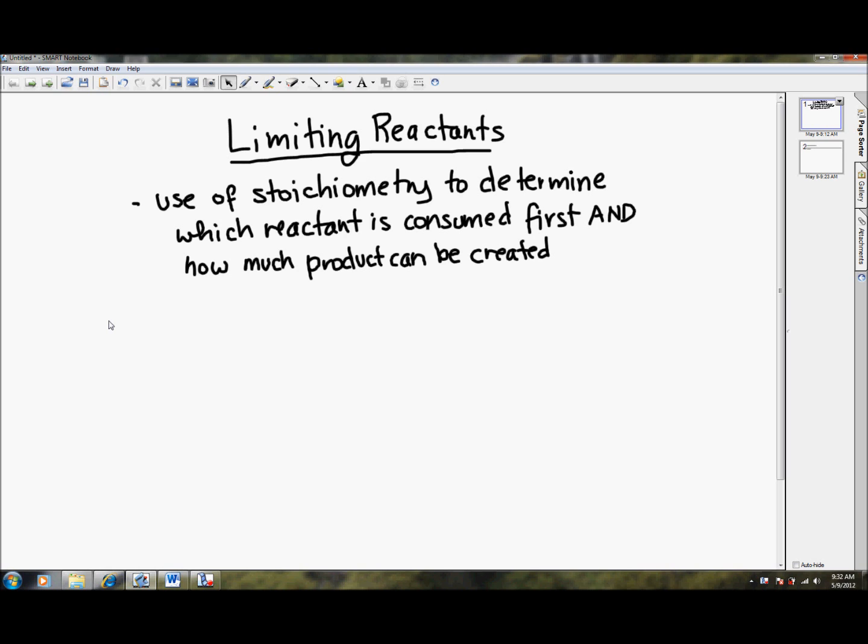Now, up to this point, we've always been assuming that the reactants are present in the exact mole ratio to be used up with each other perfectly. So, for example, if we go back to a very simple reaction, and we make sure that it's balanced.